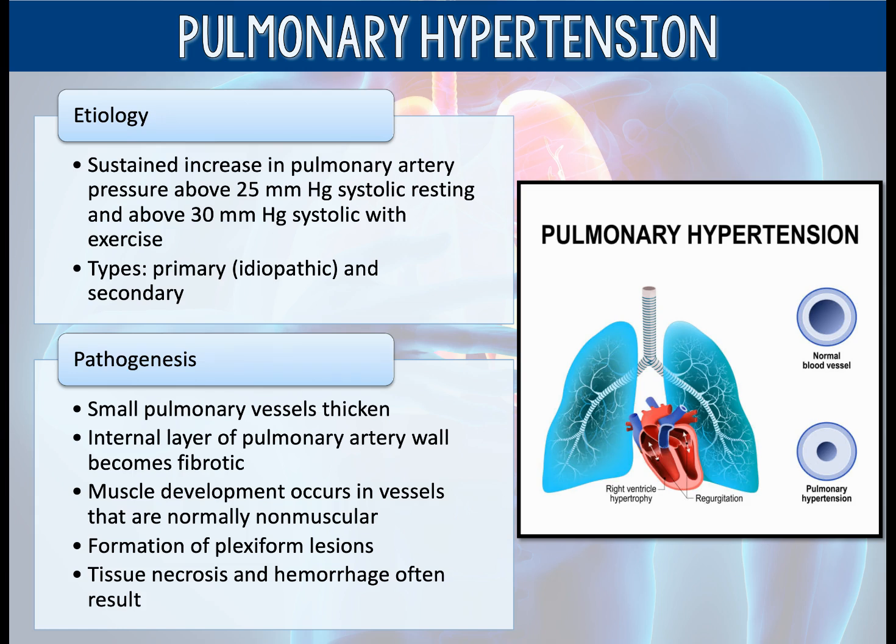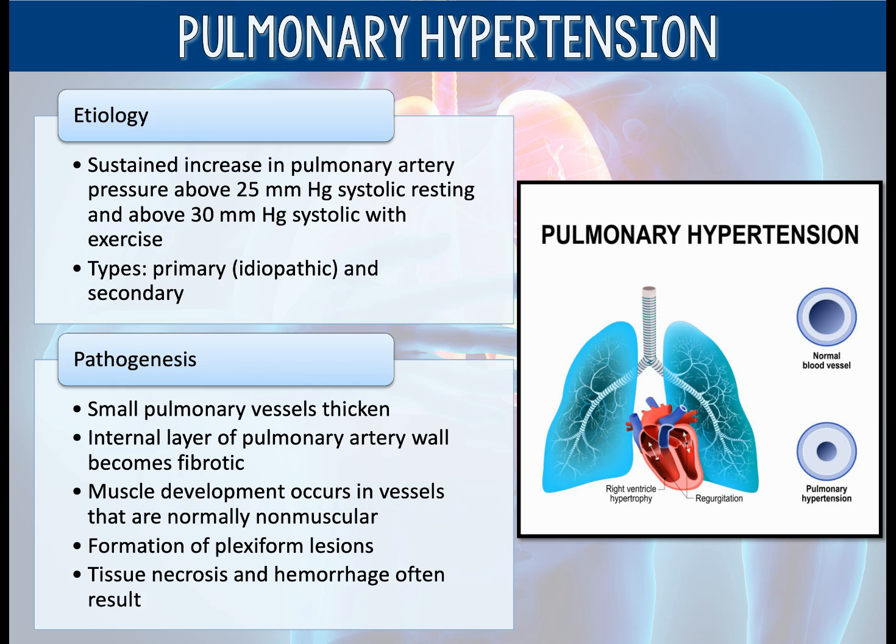So it increases resistance. So it's harder for blood to get through. So that internal layer of the pulmonary artery becomes very fibrotic. And then muscle development occurs in the vessels, and those vessels are usually not very muscular, but they do. So what happens are big giant muscles that kind of constrict, again, the vessels.